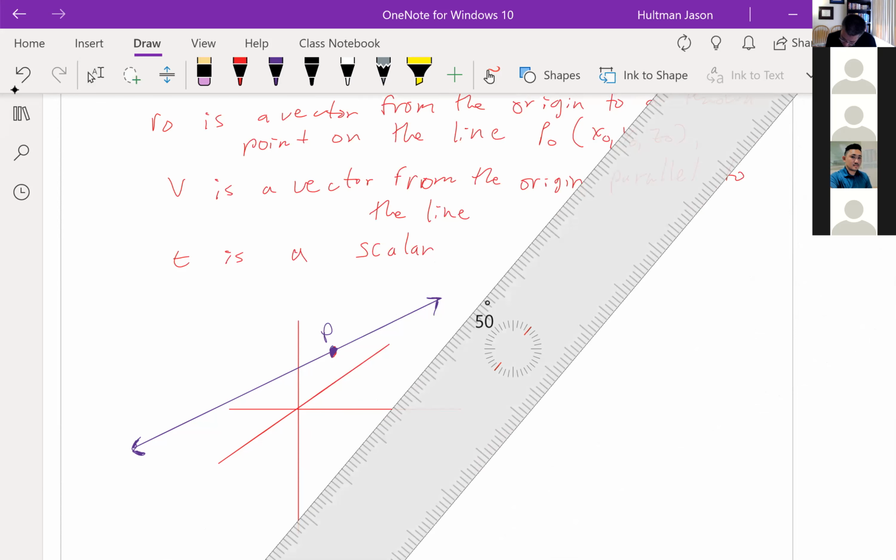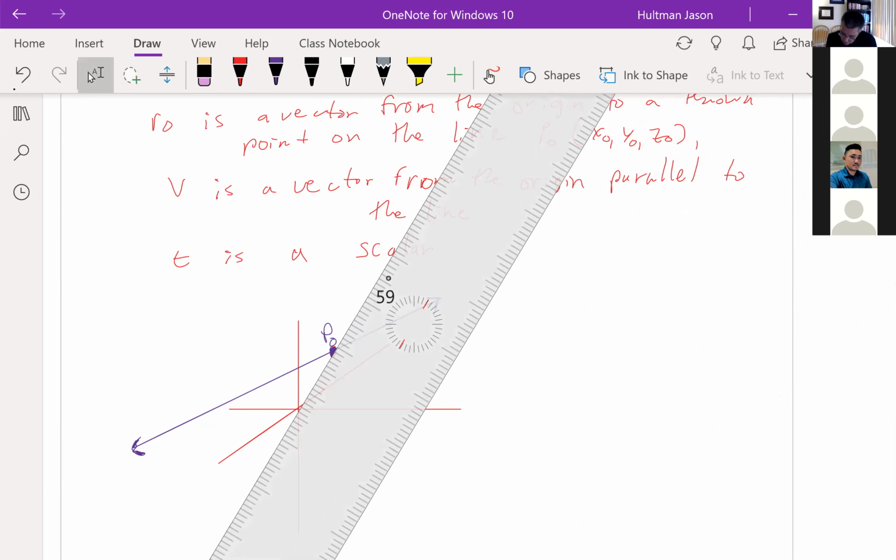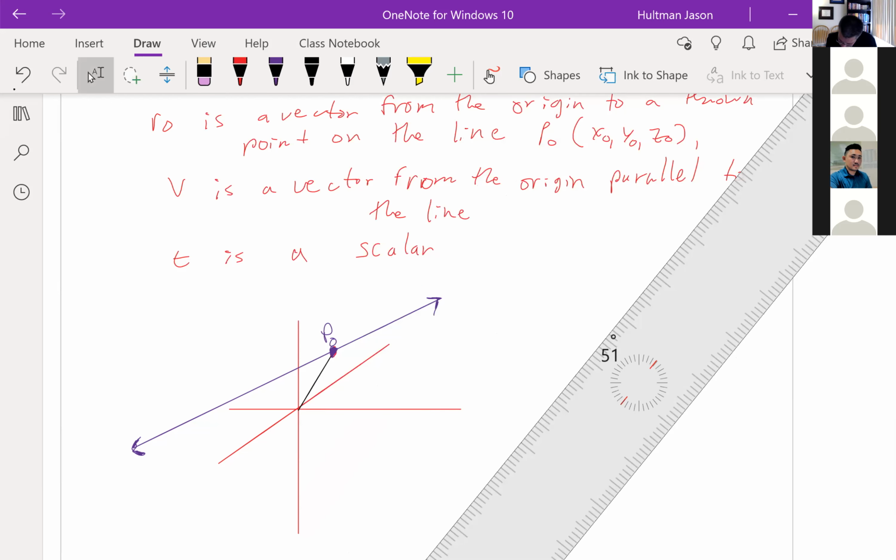We're going to call that R. Maybe we'll make R in black. So that's R right there. Okay, so this is R naught.